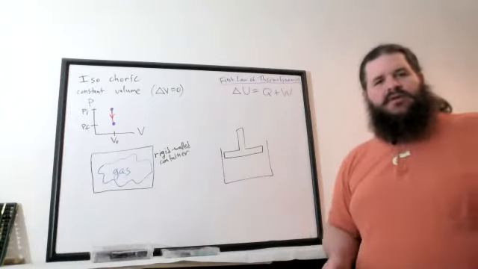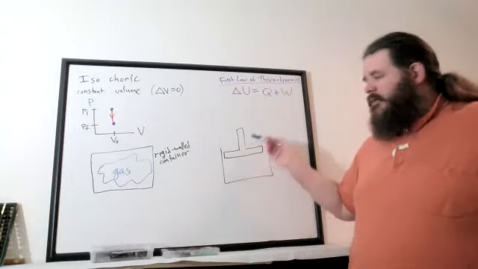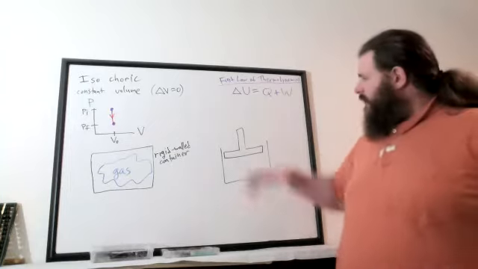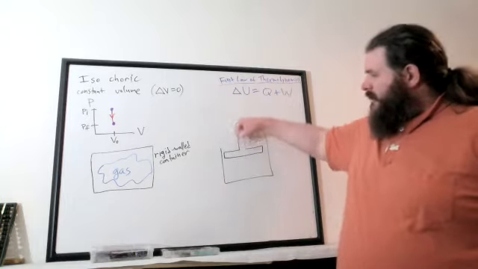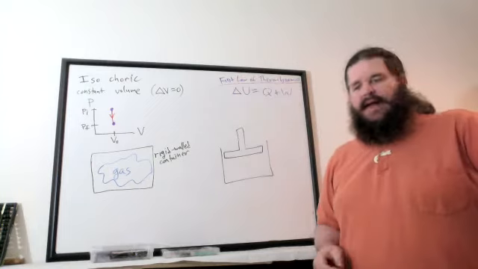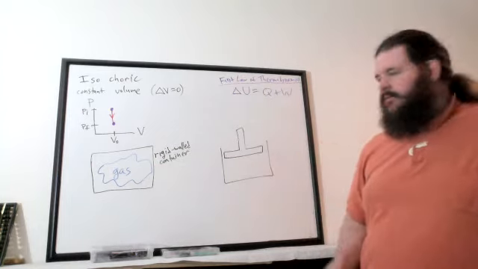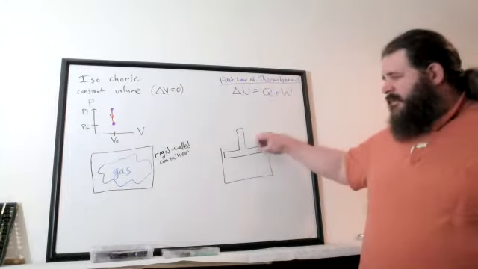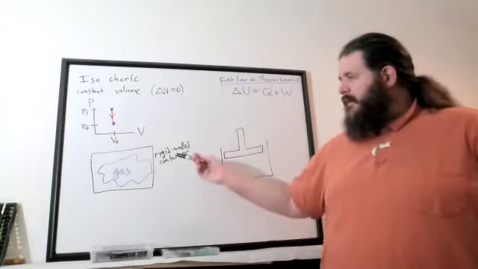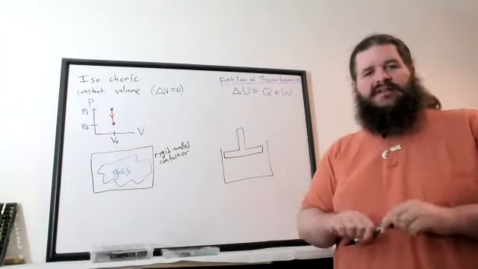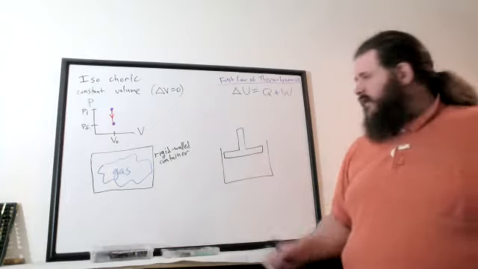So typically, if you do want the gas to be able to expand and contract, you build a container with a piston. And then if you want the gas to compress, you can just push in on the piston. If you want the gas to expand, you can pull out on the piston. And if you don't want the gas to expand or contract, if you want constant volume, you can still do it with this. You just lock the piston in place. So an isochoric process could be interpreted as a sealed, rigid-walled container, or a sealed container with a piston, but you've locked the piston in place.